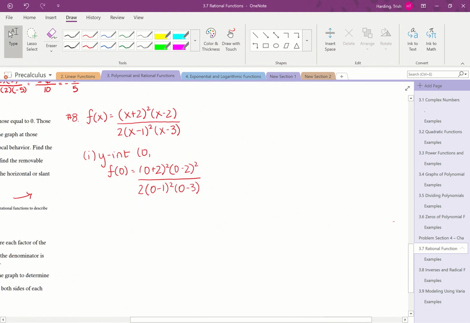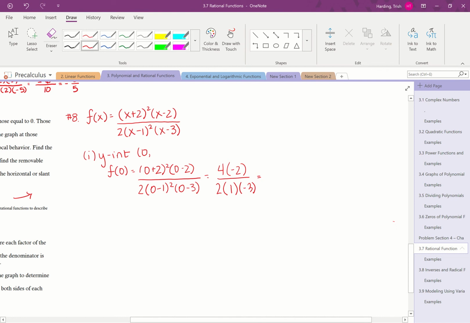Now let's evaluate this. 0 plus 2 is 2, so that's 2 squared is 4. 0 minus 2 is a negative 2, and we are not going to square that, so that's just times negative 2. Here we're going to have 2 times negative 1 squared, which is just 2 times 1. And 0 minus 3 is just negative 3.